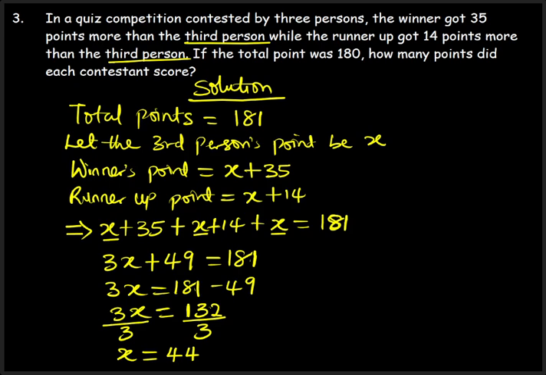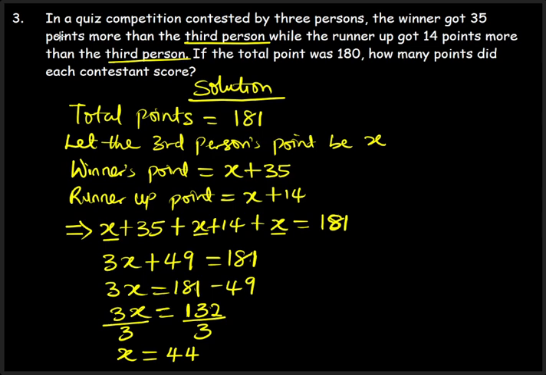Okay, so what are we looking at? We are to find the score for each contestant. So let's move to a new page. For the winner's point, what was the winner?